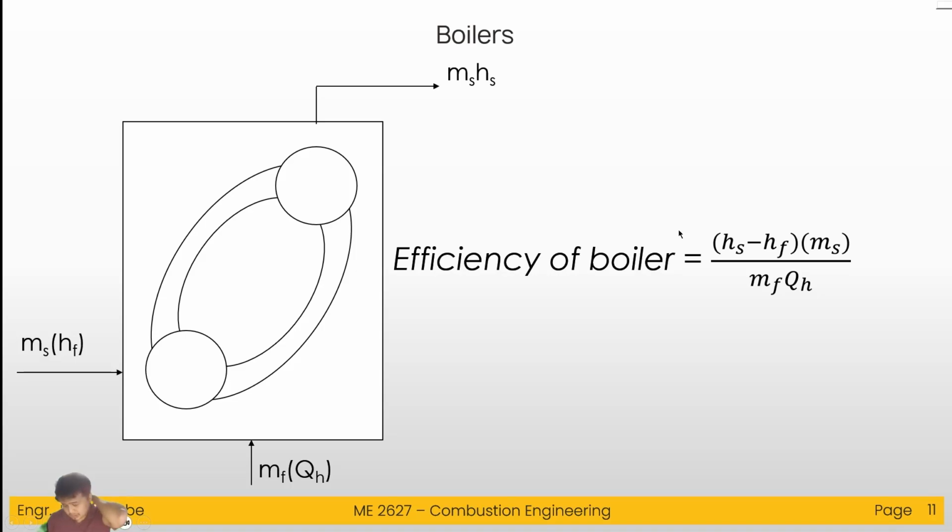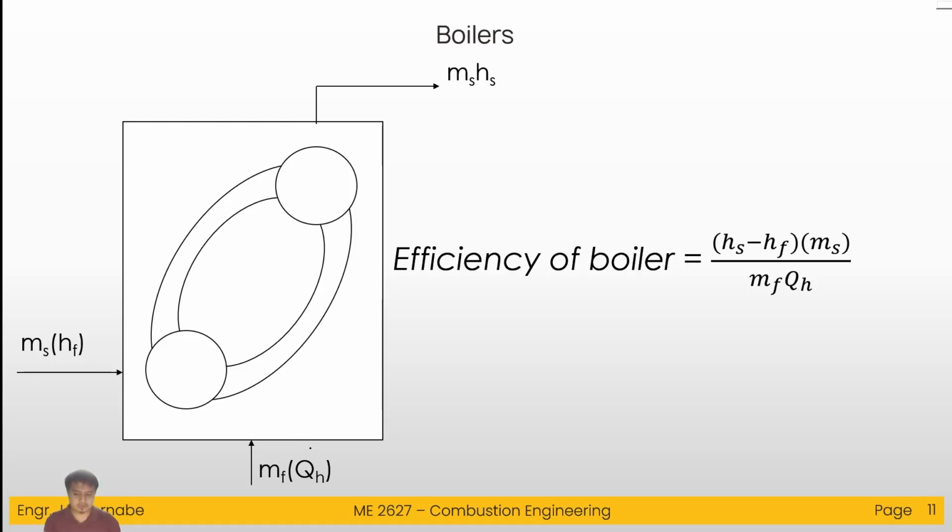So if we have a boiler, we can deduce that we have mass entering our system. Here we have the mass of the steam entering with the enthalpy of HF. And then the mass of the steam is also exiting this boiler with this enthalpy. Now, it won't be superheated or saturated if we don't have an input heat.